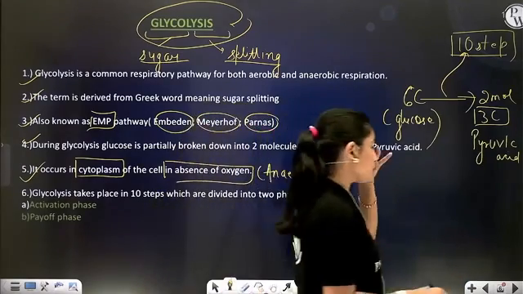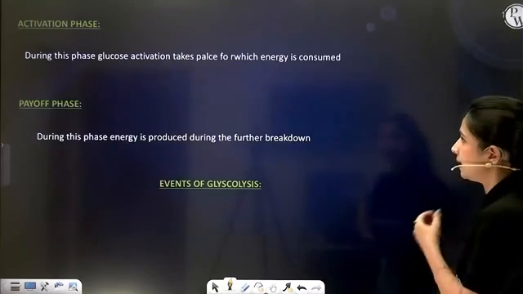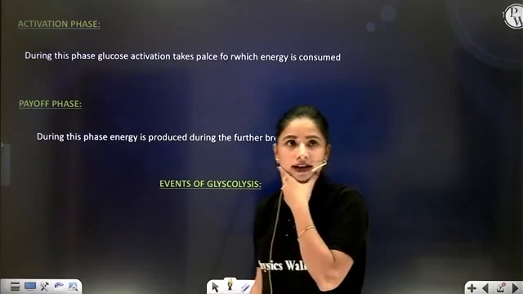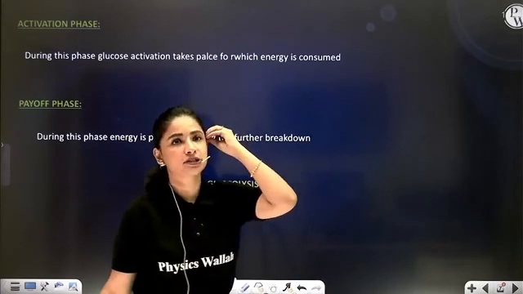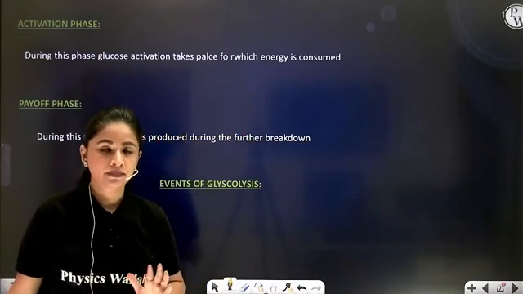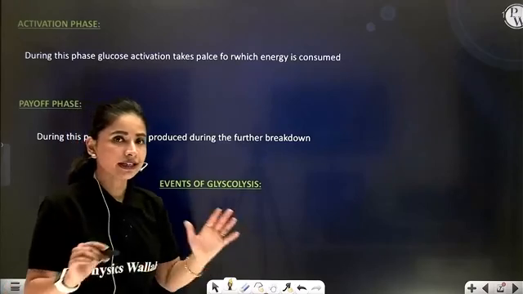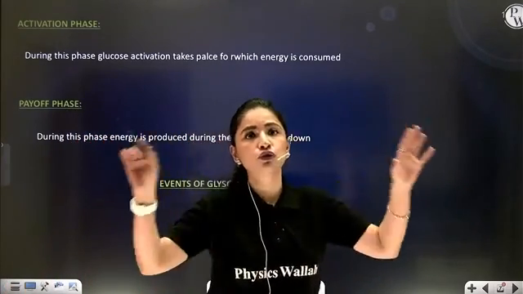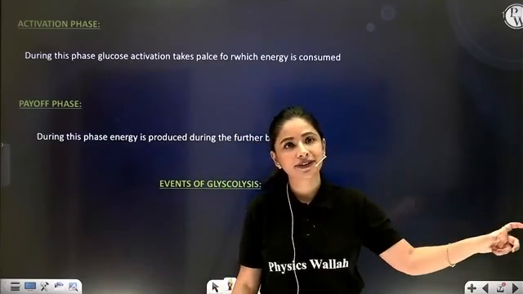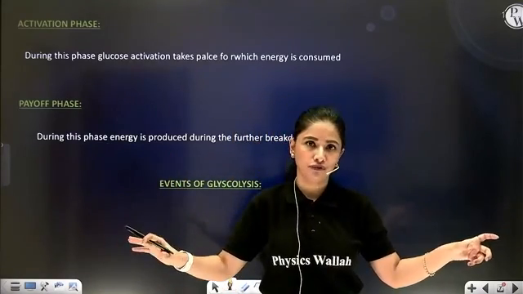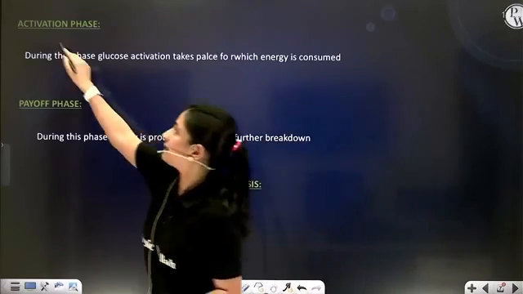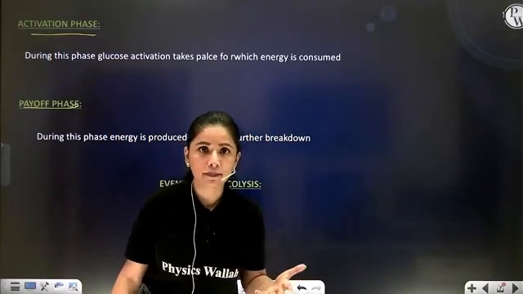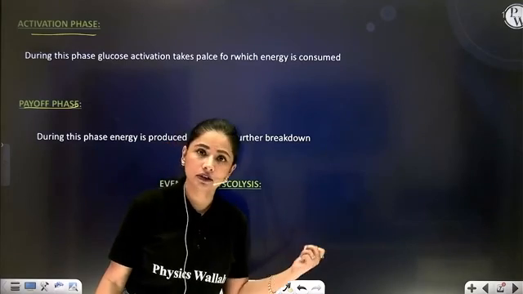Let's start with the events that take place during glycolysis. The 10 steps are usually divided into 2 phases called the activation phase and the payoff phase. What these are, I'll explain while teaching you the events.